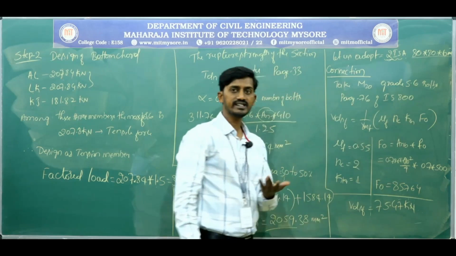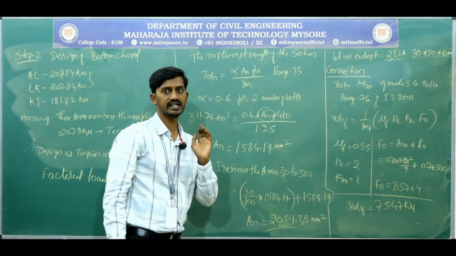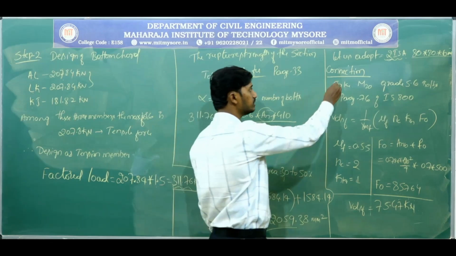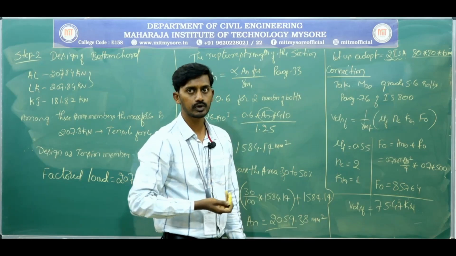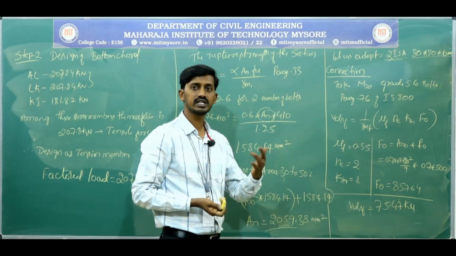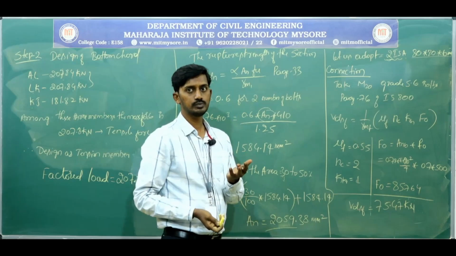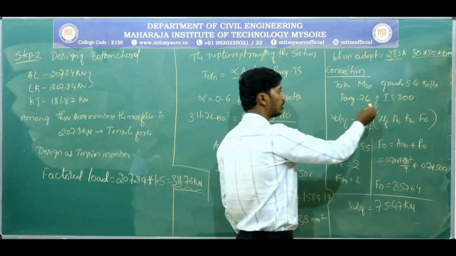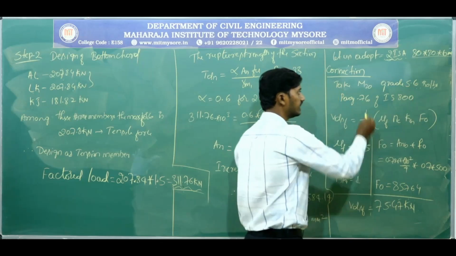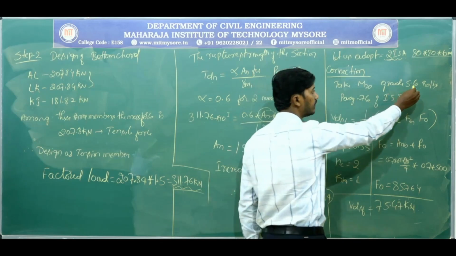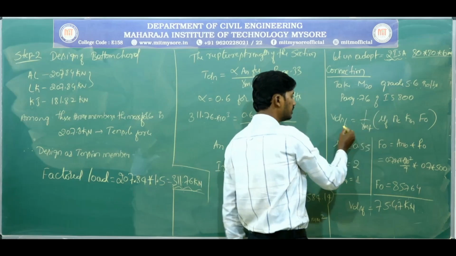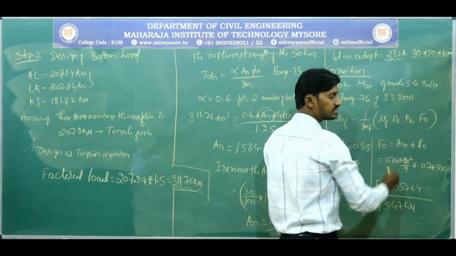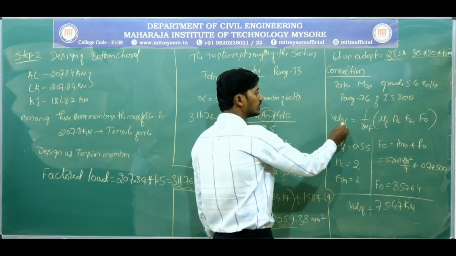And by considering this angle, what is the next step? The next step is the connection. Connection means we need to assume the dia of the bolt and grade of the bolt we are going to provide. As it is a tension member, let us assume HSFG bolts, that is high strength friction grip bolts, of M20 dia and grade 5.6. And on page number 76, you will get this formula for HSFG bolt shear strength.